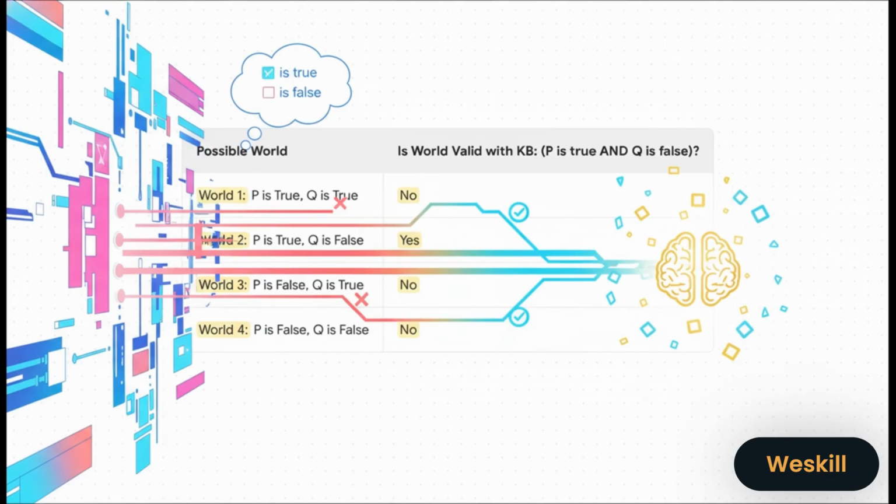In world 1, P and Q are both true. Well, that can't be right. It contradicts our rule that Q is false. So world 1 is out. In world 3, P is false. Again, that contradicts our knowledge base. Same for world 4. The only world left standing, the only one that's consistent with what our AI knows, is world 2. By just eliminating all the impossible options, the AI has confirmed what must be true.